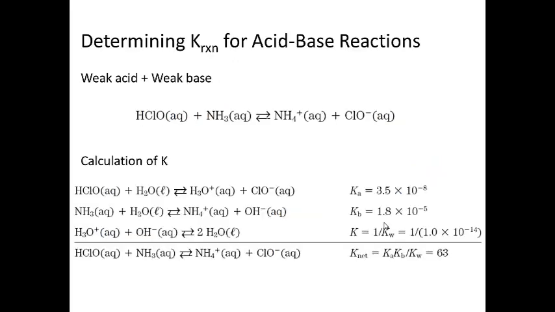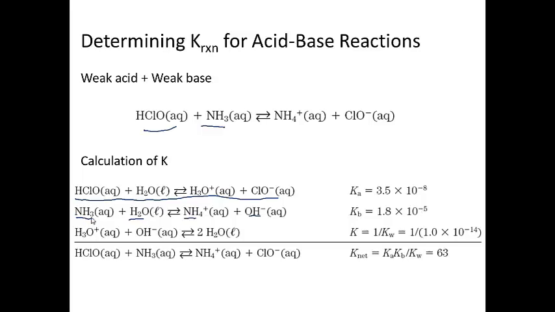If you have a reaction between a weak acid and a weak base, you have to do a little more work to figure out the equilibrium constant for it. If you have hypochlorous acid and ammonia reacting, you can write down the reaction for that first reaction, and that is the Ka reaction for hypochlorous acid reacting with water, and that Ka value is from the Ka table. Then you have ammonia reacting with water, goes to make ammonium ion and hydroxide, and that's the Kb reaction, and so you can write down its Kb.